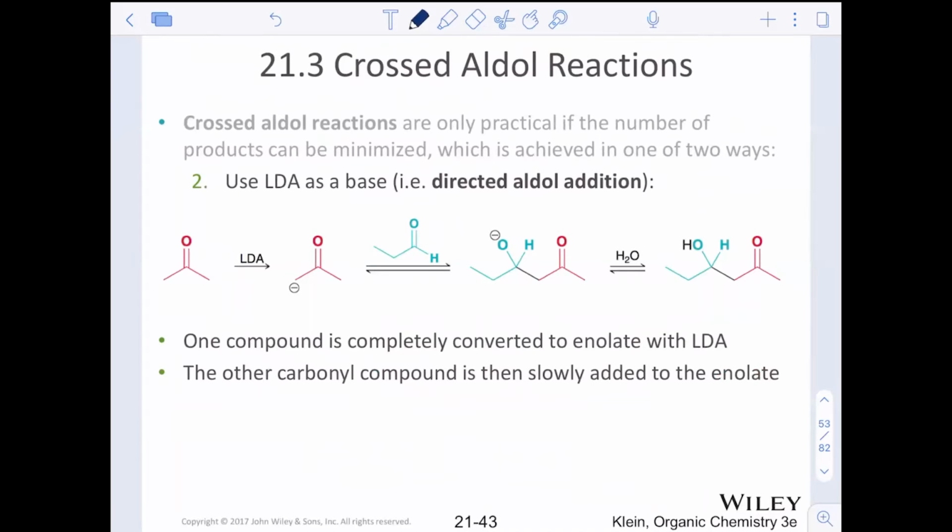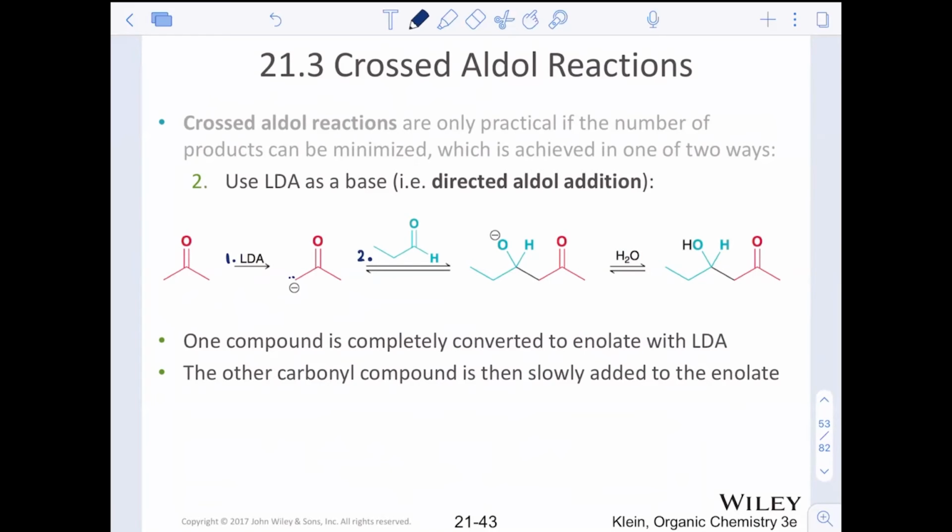If you use LDA as a base, it's called directed aldol addition. So you take one aldehyde or ketone, and step number 1, you react it with LDA. That forms the enolate that you desire. Then step number 2, you sprinkle in the aldehyde or ketone that you want to cross with it. And then that forms that new alpha beta bond.